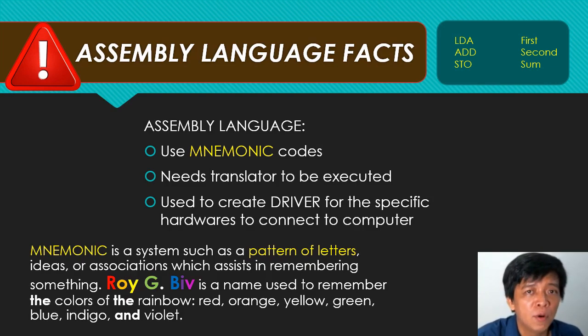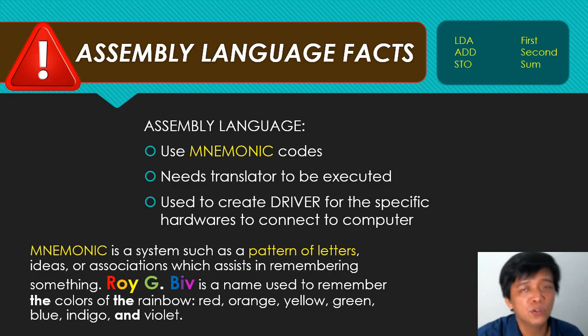What does mnemonic mean? Mnemonic is a system such as a pattern of letters, ideas, or associations which assists in remembering something. It helps you to remember something. Such as Roy G. Biv.